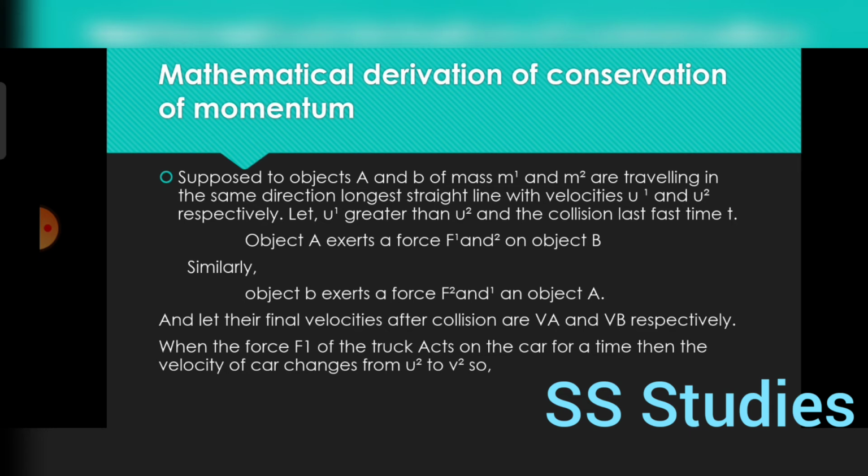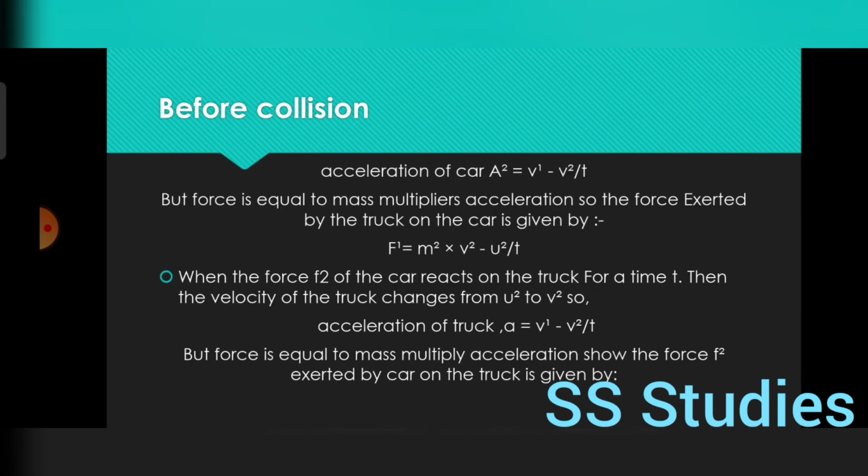When the force F1 of the truck acts on the car for a time t, the velocity of the car changes from u2 to v2. So the acceleration of the car a2 equals (v2 minus u2) by t. But force is equal to mass multiplied by acceleration. So the force exerted by the truck on the car is F1 equals m2 into (v2 minus u2) by t.